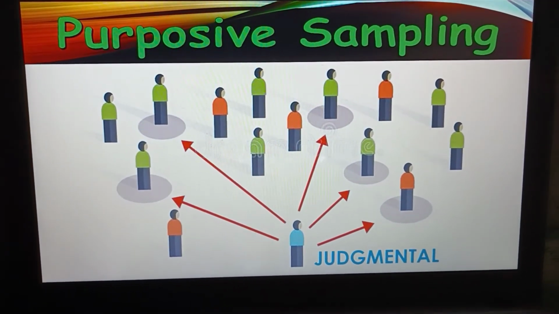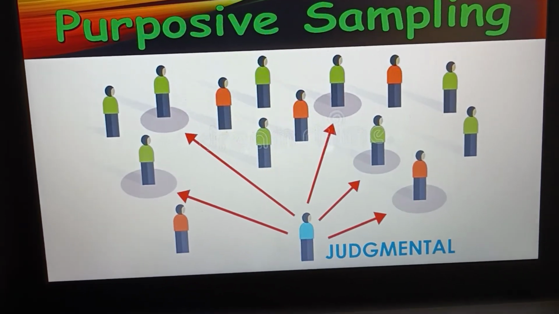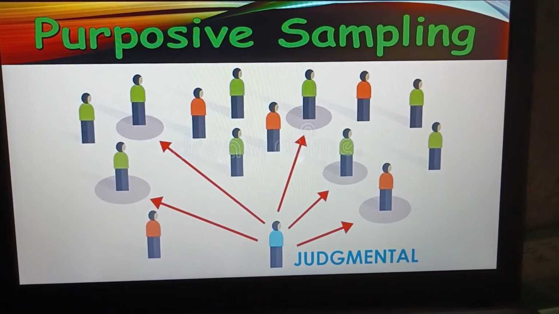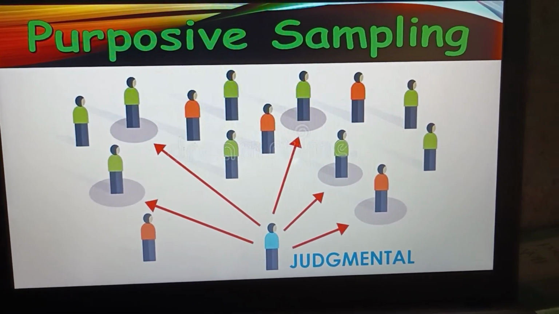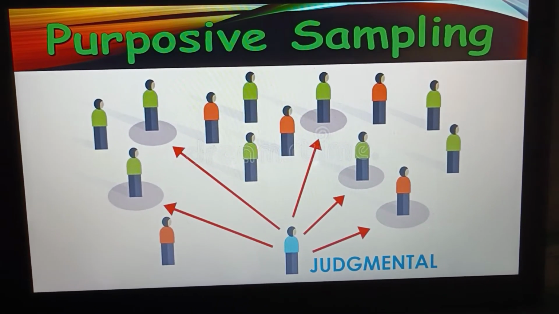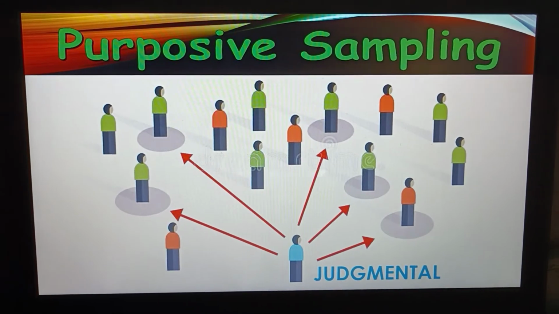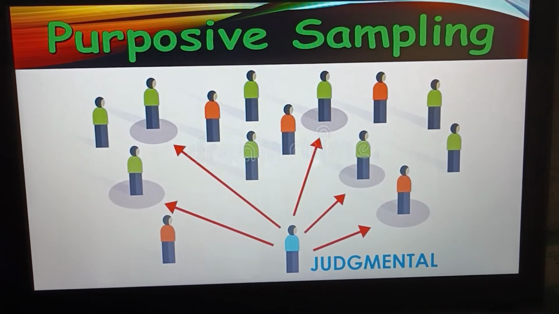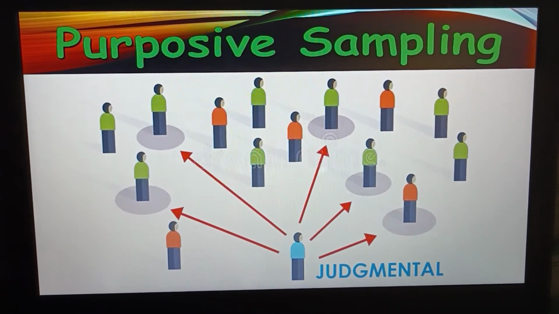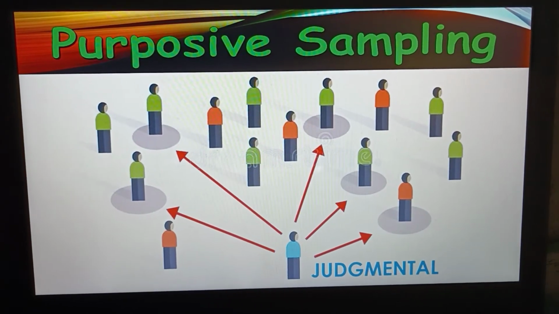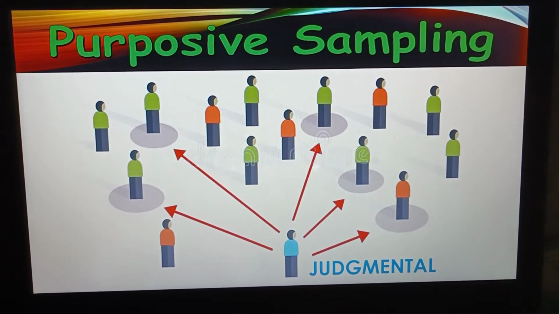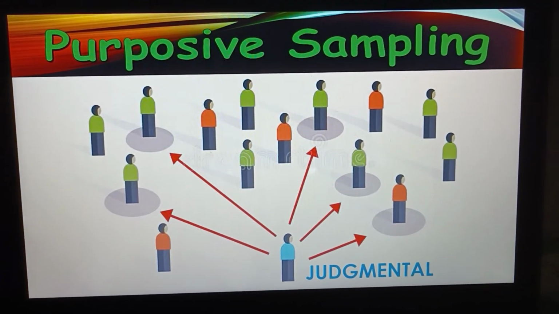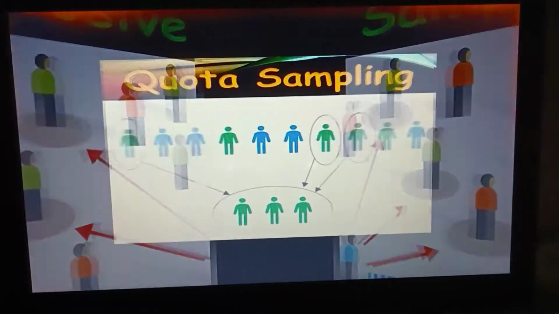To have respondents using purposive sampling, you will judge a person: this grade 11 student is fit to answer my survey form, then you will choose him or her, until you reach your 120 respondents. So according to your purpose, you select them and you may not select others. That is purposive sampling.